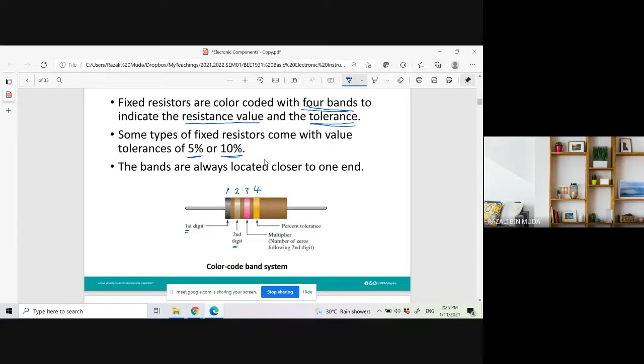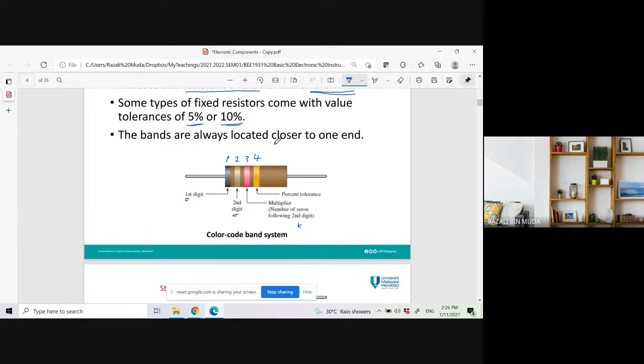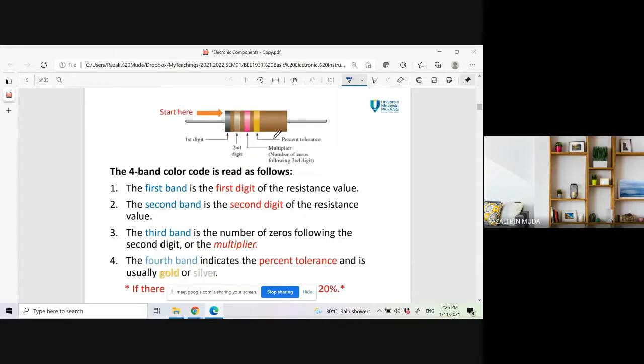The third band represents the multiplier, or number of zeros, the value of k basically. And the fourth band represents the percentage tolerance, plus minus. This is how you check the value using color code.